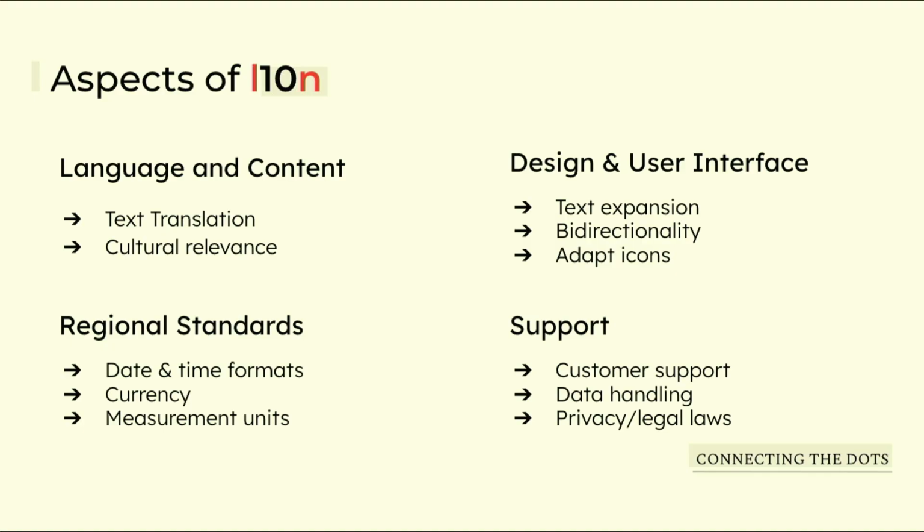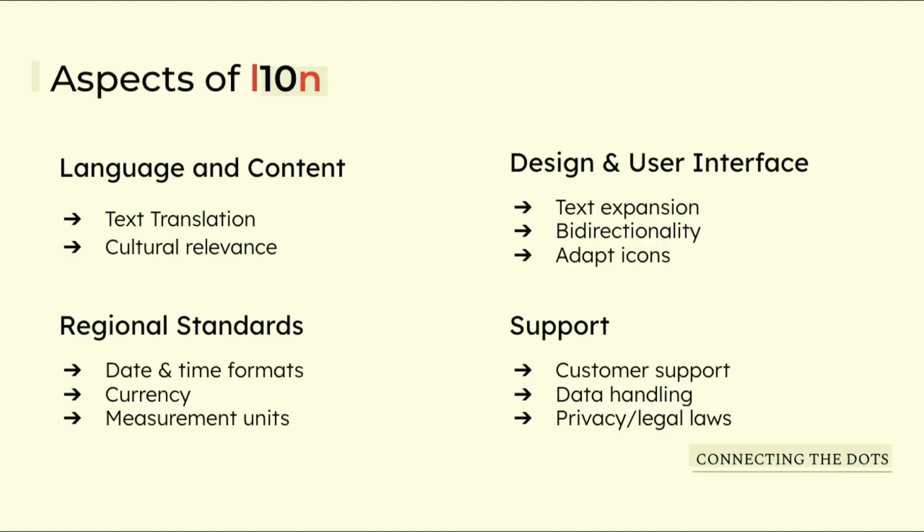We have text translations under there, and ensuring cultural relevance for any kind of text translation is also very important. Secondly, on the right, you can see we have design and user interface. It can mean text expansions, for instance, when you are supporting right to left, or what we call RTL, in your application, and ensuring icons and visuals actually make sense for different cultures.